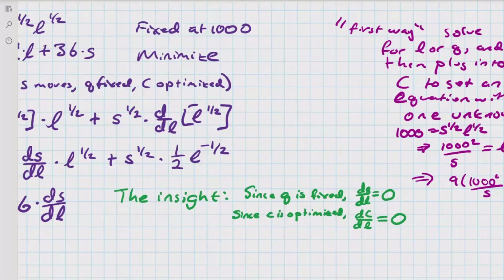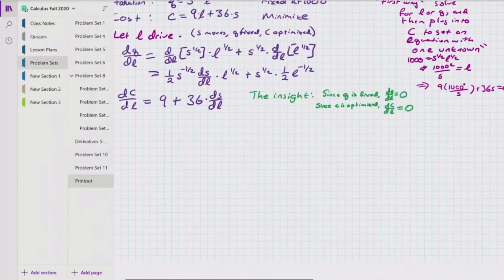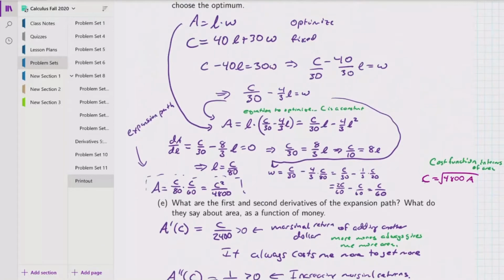Now, does it matter which one is fixed and which one is optimized for the calculations? Remember on the problem set today, I was solving for this idea, where I fixed C and then solved for this. But does it matter which one is fixed?